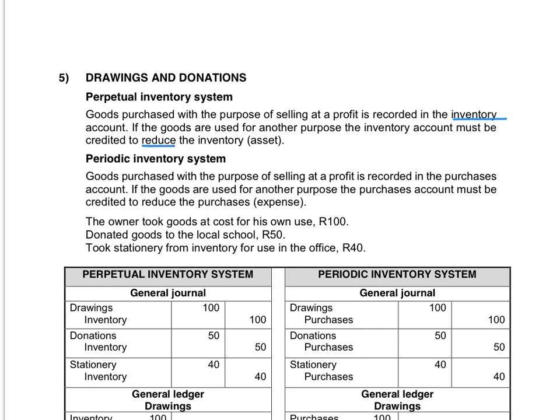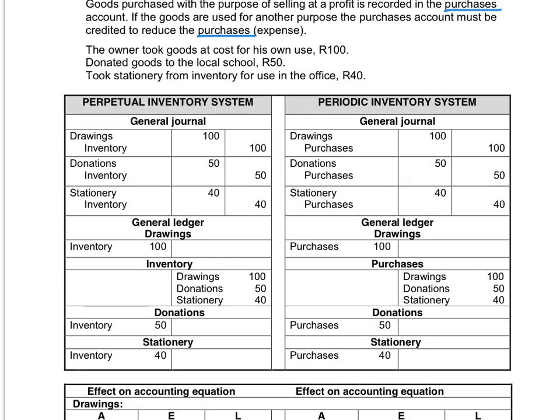In the periodic inventory system, goods purchased with a purpose for selling at a profit will be recorded in the purchases account. If these goods are used for another purpose, you will reduce your purchases account to reduce the expenses for purchases. The owner took goods with a cost price for his own use, R100.